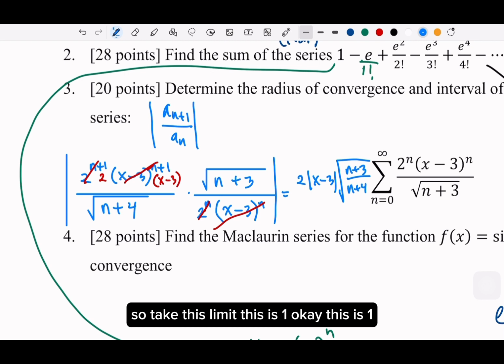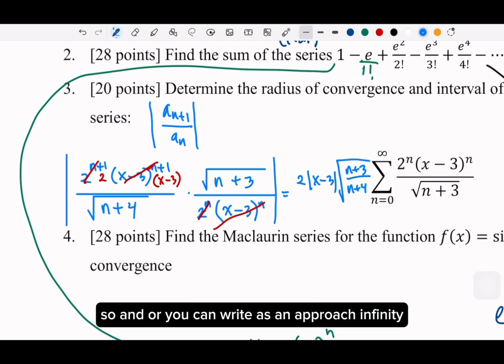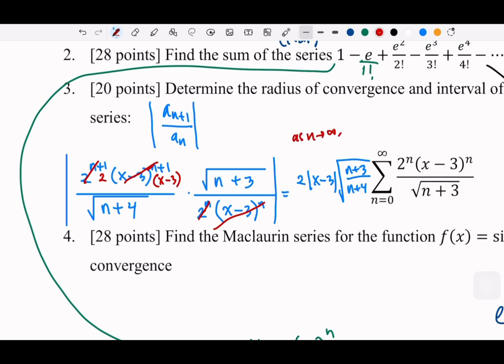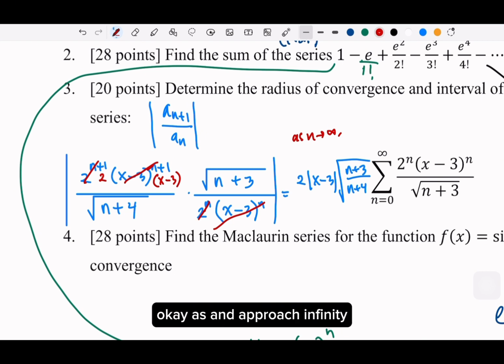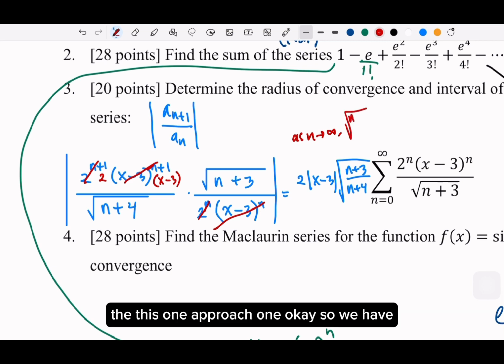So as n approaches infinity, this one approaches 1.